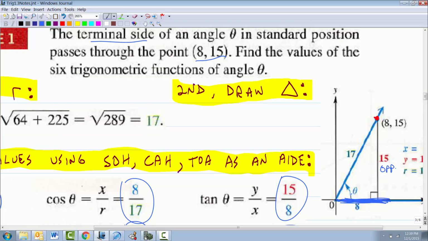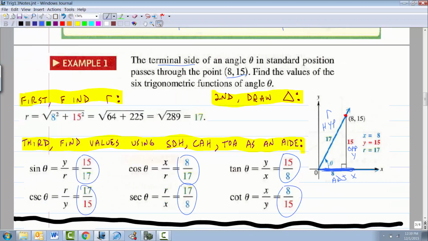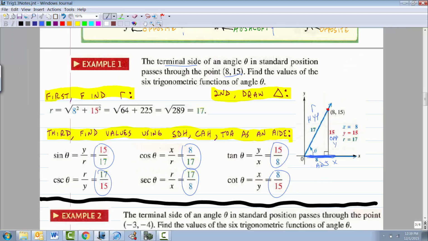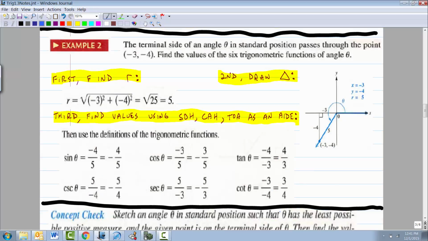Because you have to use sir, kixer, tix in certain examples. 8 is adjacent, and then 17 is the hypotenuse, but we call it r and adjacent x. So you better get used to doing that. You could survive with SOHCAHTOA though. So I'll just stop the video and let you take that down.